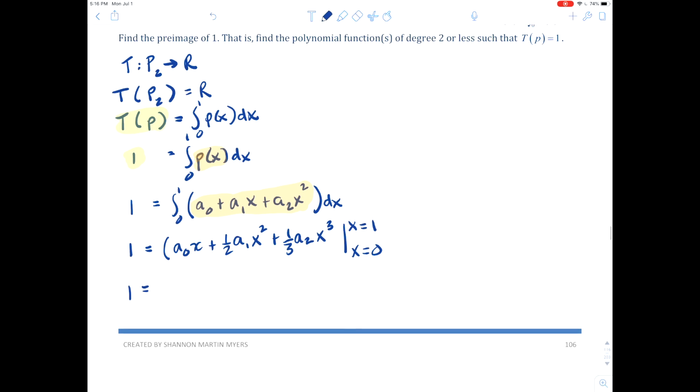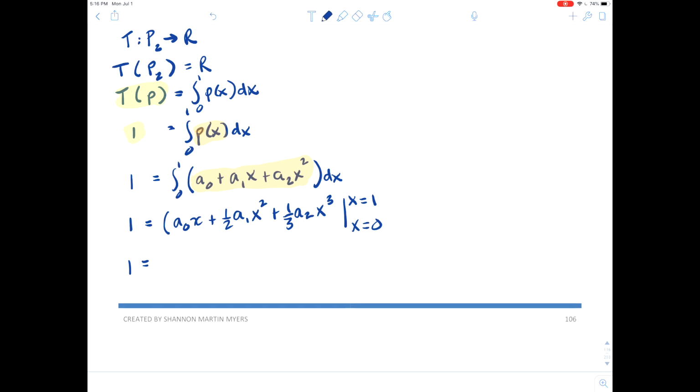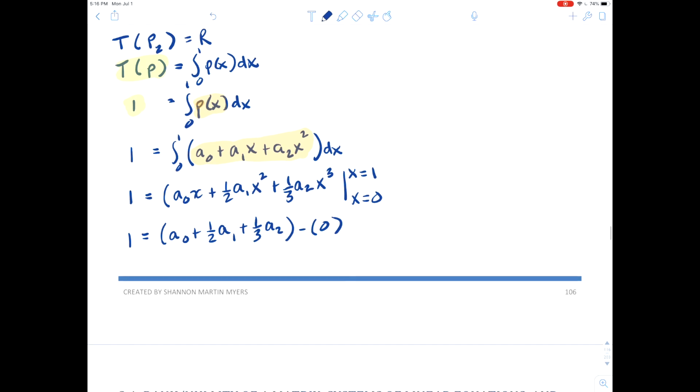So continuing this equation, you'd have 1 equals, well, a0 plus 1/2 a1 plus 1/3 a2 for the upper limit. And then do you see the lower limit? You get all zeros because you're plugging in x is 0.